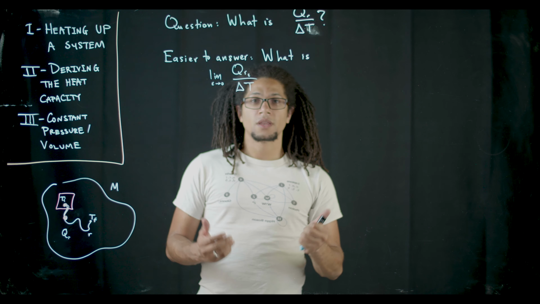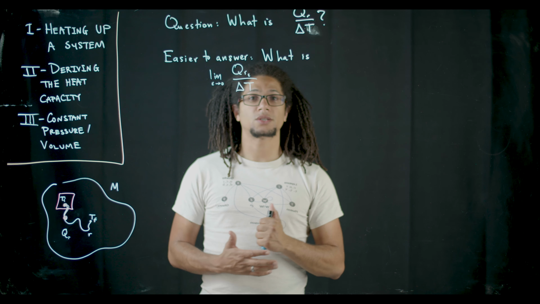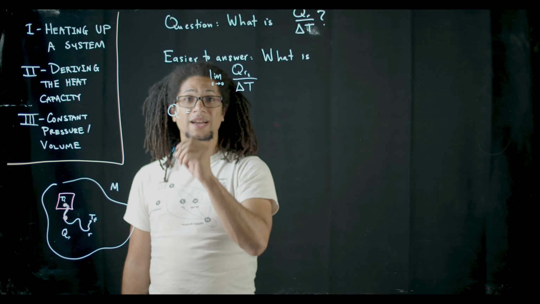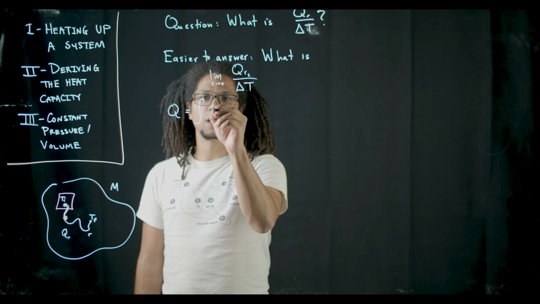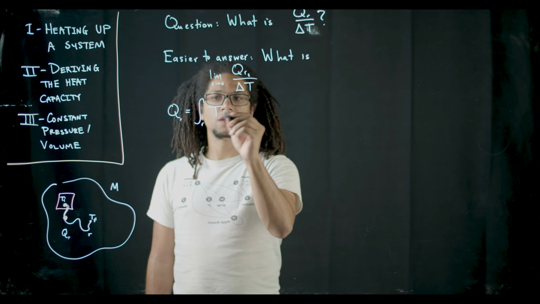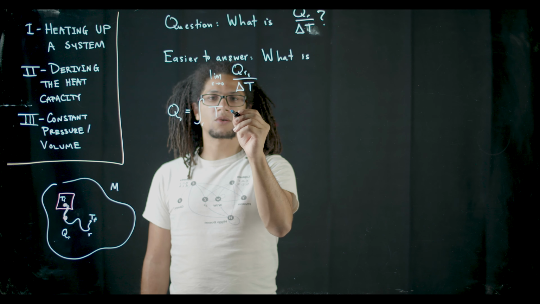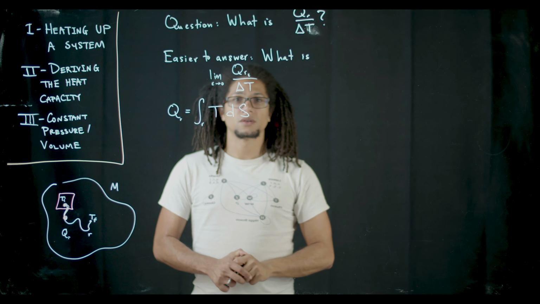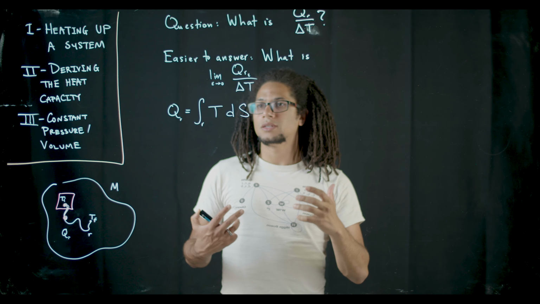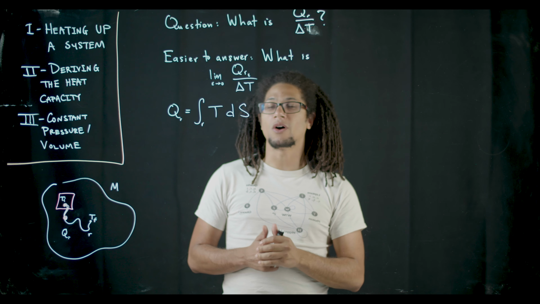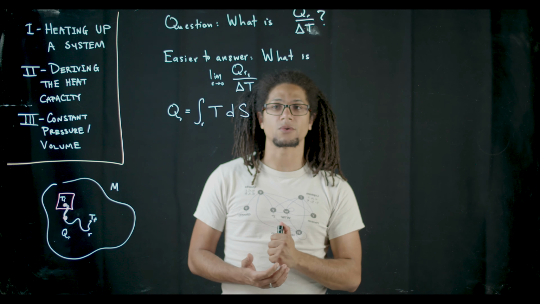Good. Now that we've defined the question, let's start to work with it. We know Q is by definition equal to the integral over R of T, and Q_R is equal to the integral over R of T ds. All right. And immediately we sort of have a question. How are we going to evaluate this integral in general?